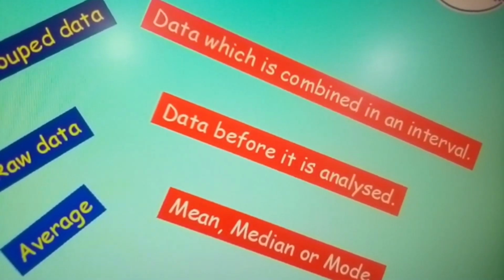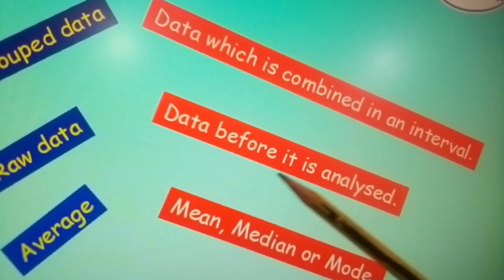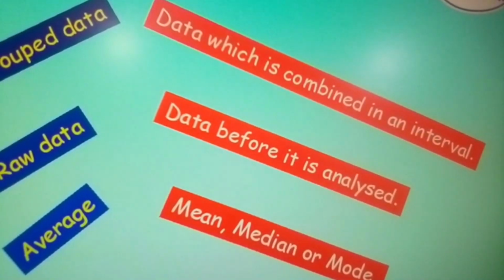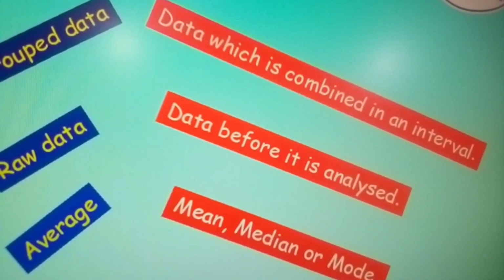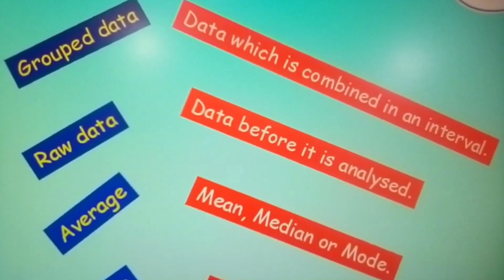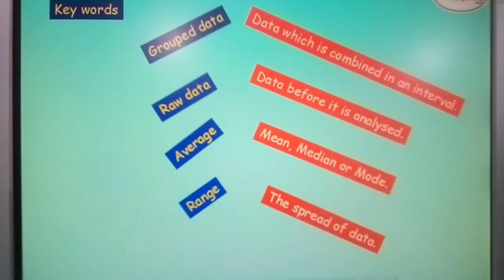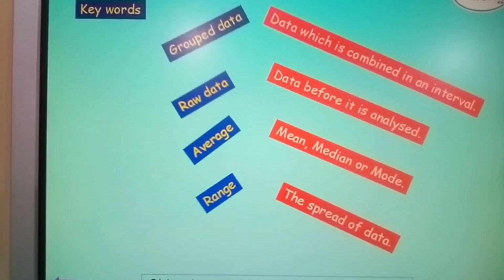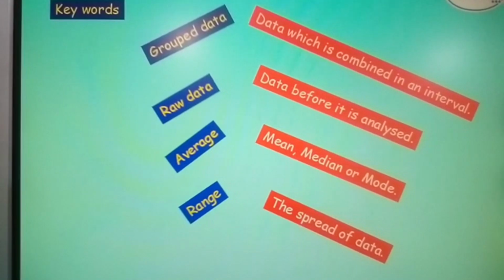Raw data: data before it is analyzed. Average: mean, median, or mode. Range: the spread of data. The objective here again is to understand the terms used. So that's your objective at this stage.